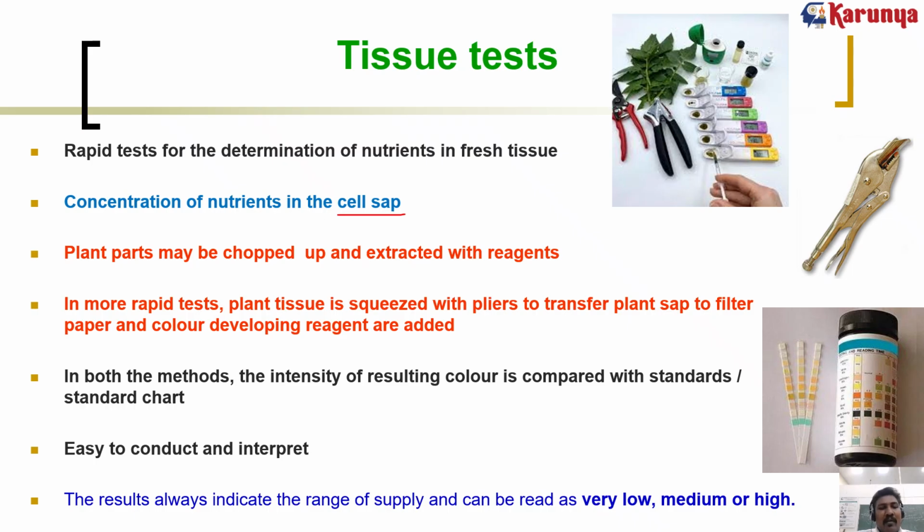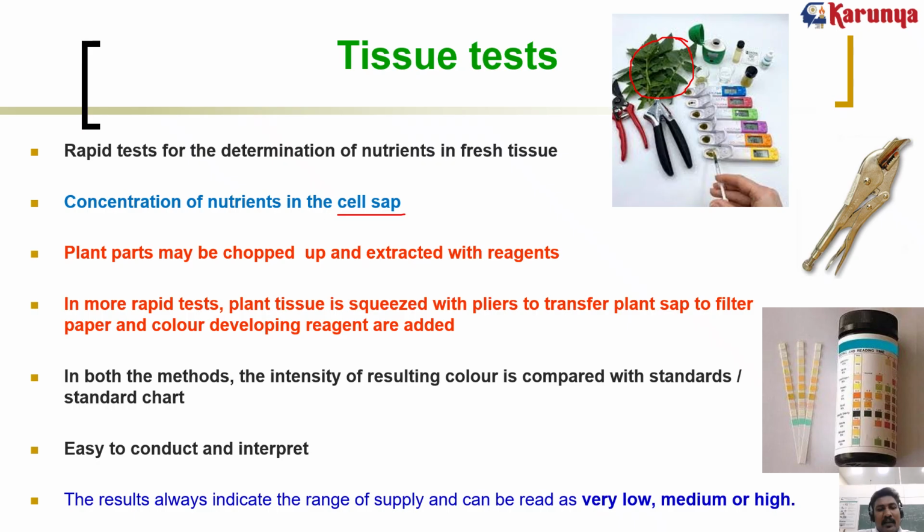The plant parts may be chopped up and extracted with reagents. So the plant sample is collected, cut into small parts, then extracted with reagent. The plant sap or cell sap can be extracted using a suitable solution.